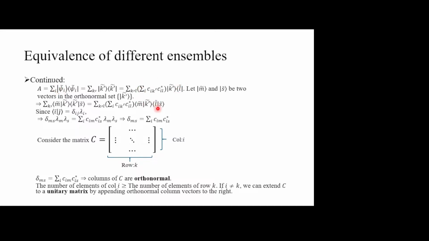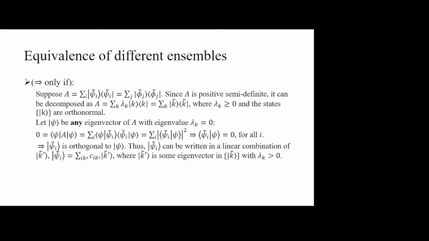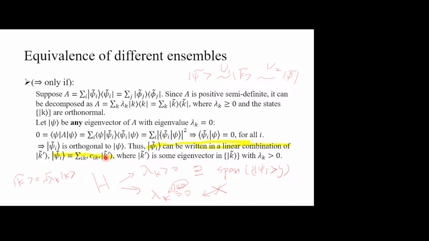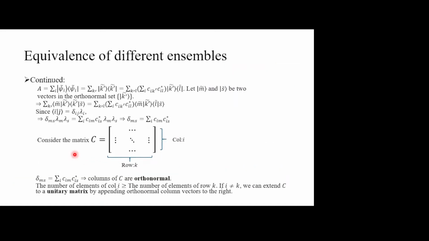So we have our summation over i still here, and then we have a dummy variable k prime for this psi tilde i, and another dummy variable L for the other psi tilde i block.